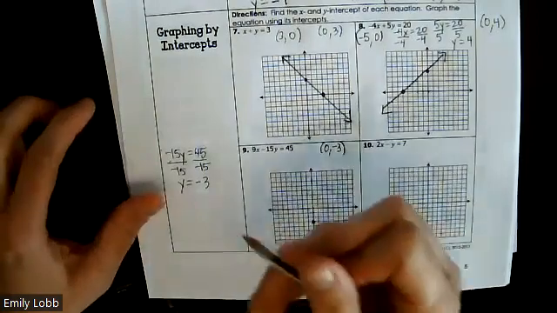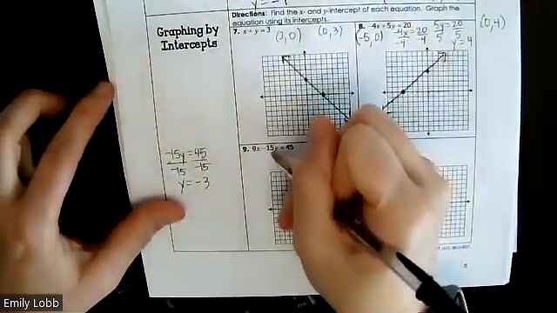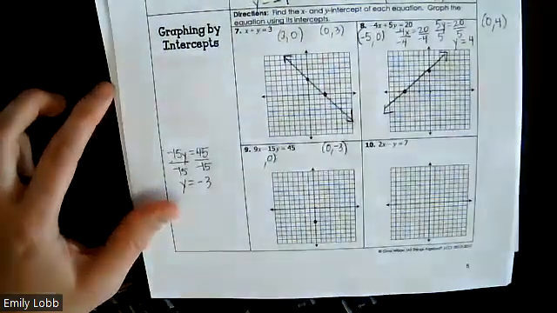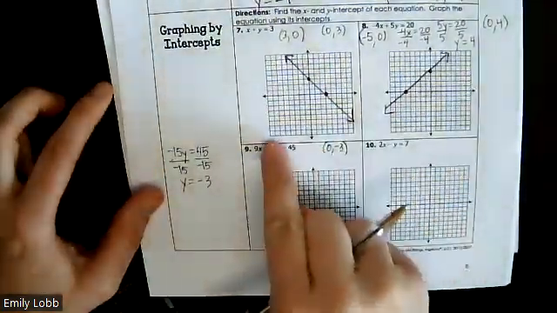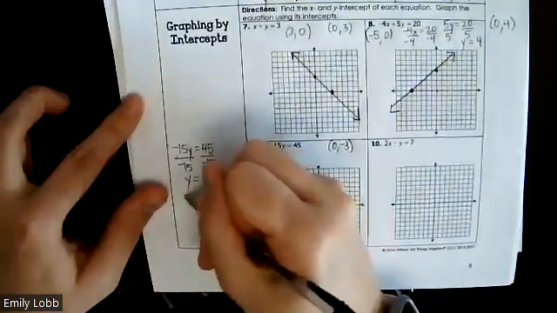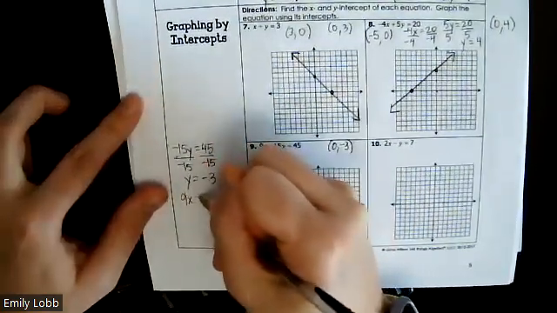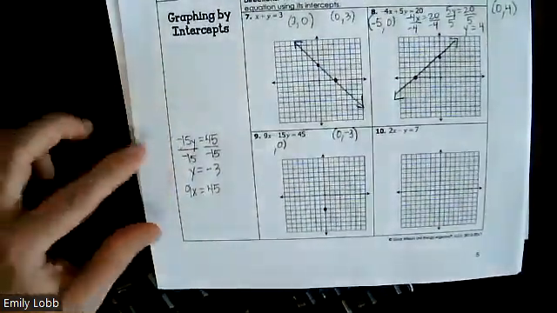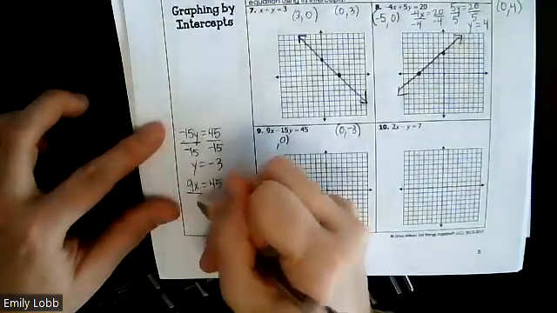And then we have to figure out our x-intercept, and that is when y equals 0. So if y equals 0, negative 15 times 0 goes away, and we're left with that 9x equals 45. So we're figuring out what x equals now. The x value when y is 0.